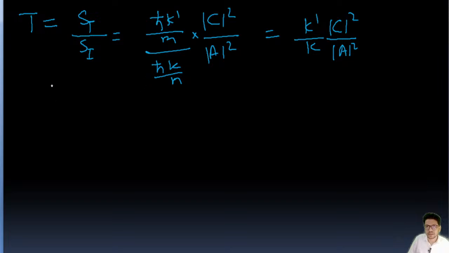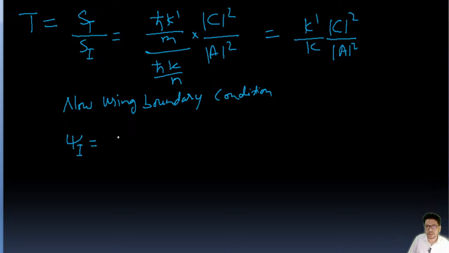Well, next, now we'll use the boundary conditions, which were also explained in the previous class. The first boundary condition is psi 1 equal to psi 2 at x equal to 0.